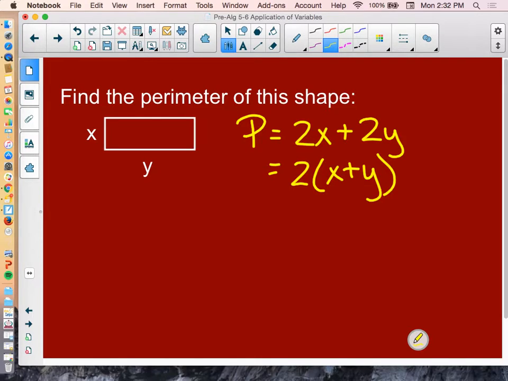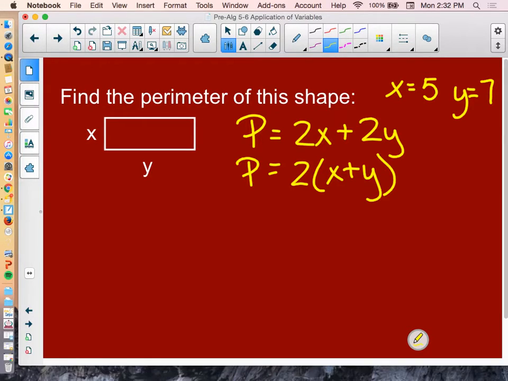What this section is going to be asking you to do is to just apply what we've learned throughout the unit. So now, instead of just using one of the properties, we're going to use all of them together. So let's say that x equals 5 and y equals 7.